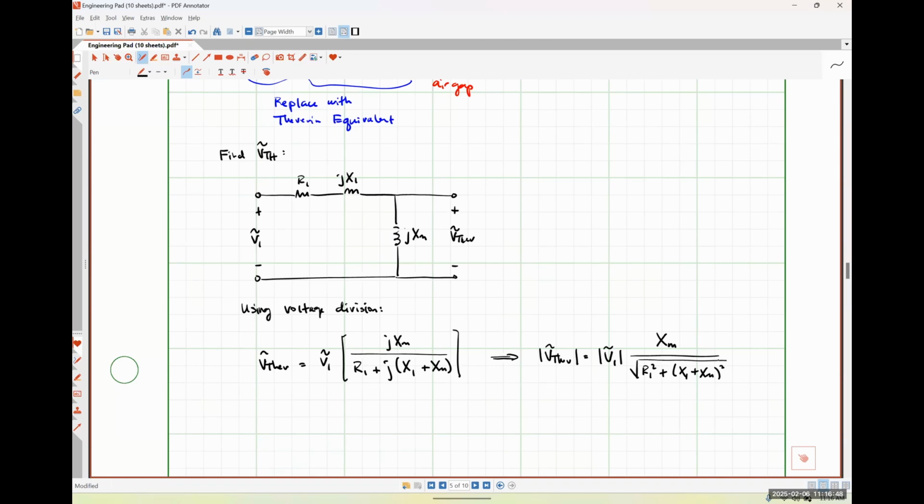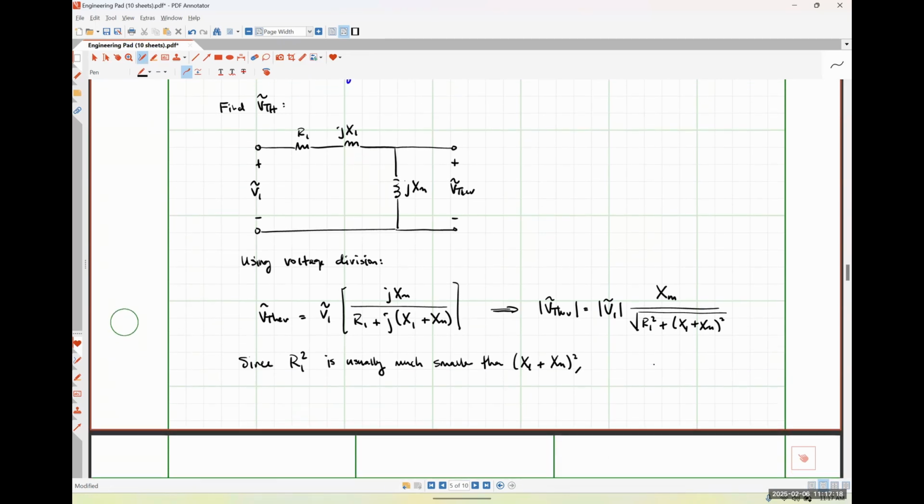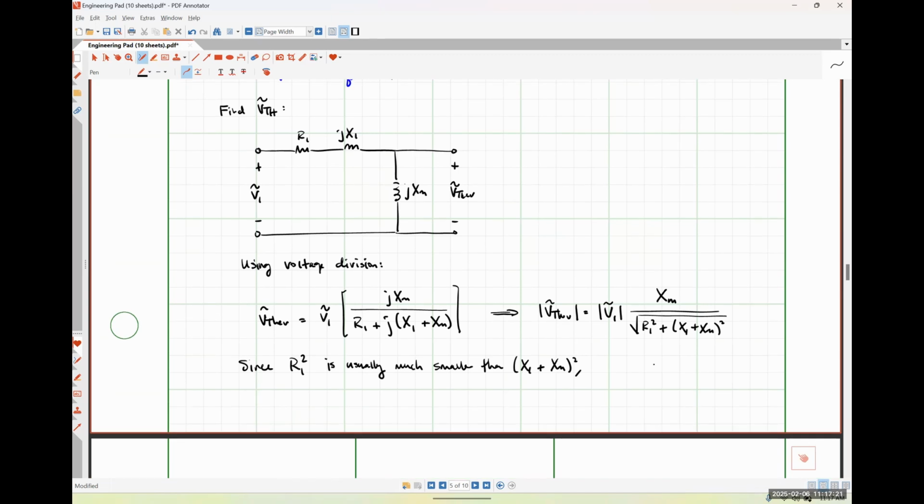Now, since R1 squared is usually much smaller than the quantity X1 plus XM squared, we can actually simplify this a little bit further.